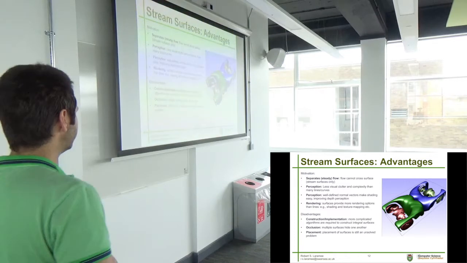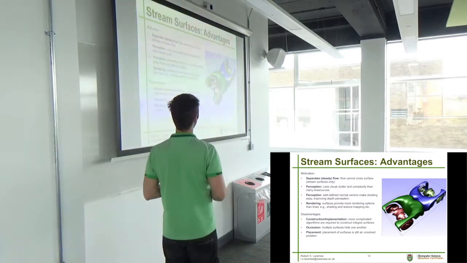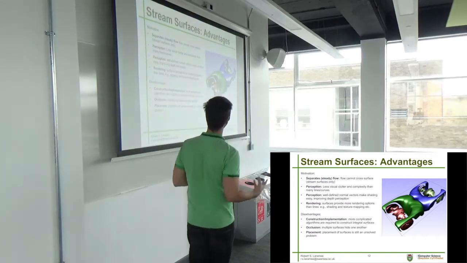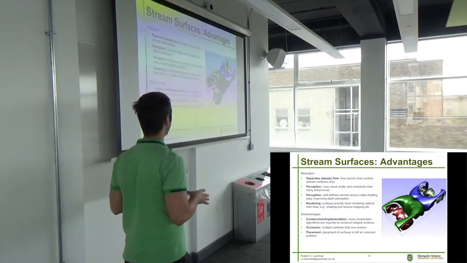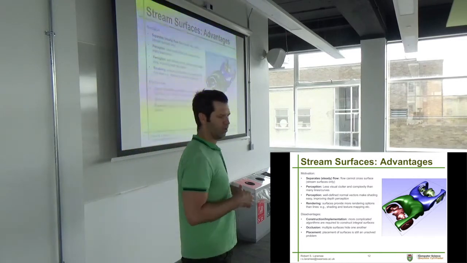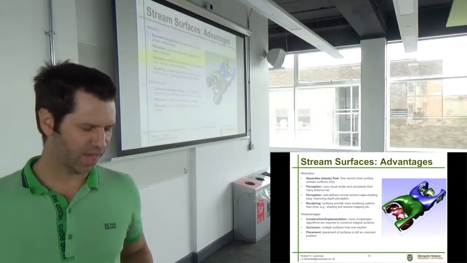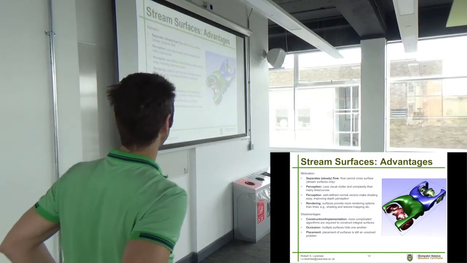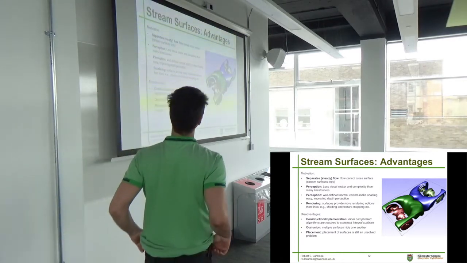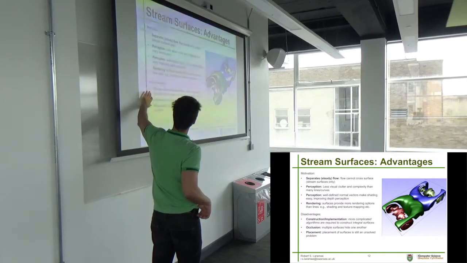And surfaces offer more rendering options. You can texture map surfaces, you can poke holes in them, you can do more advanced lighting and shading. So they offer more rendering options. And that's why people like to have them around, as opposed to streamlines only. But they also have disadvantages.